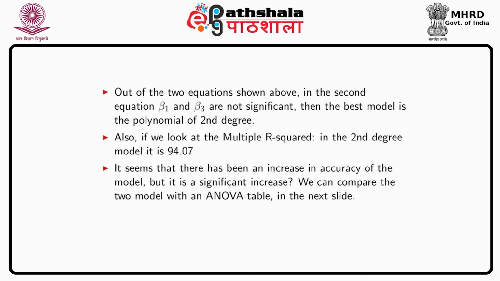Now before we move on to that, let me explain the concept of multiple R square. When you're fitting a regression model with multiple covariates, they could be a polynomial regression or they could be independent x variables. As you increase the number of covariates, the multiple R square will get better and better. But at what cost?